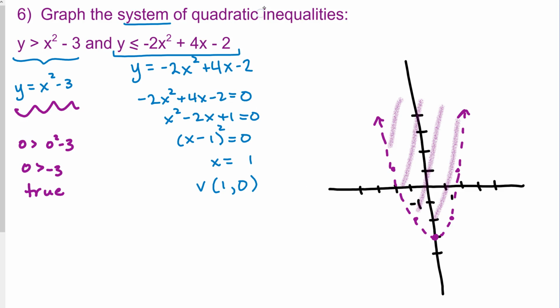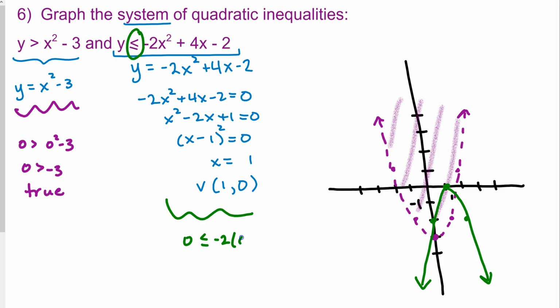Okay, now for the second one, do this one in green. Vertex at (1, 0). It opens down. The y-intercept is -2. And this one's going to be solid because it has an equals to, a less than or equal to. So something like that. And then let's check (0, 0). 0 is less than or equal to -2 times 0 squared plus 4 times 0 minus 2. 0 is less than or equal to -2 is false.